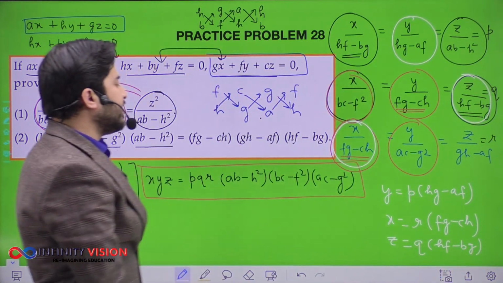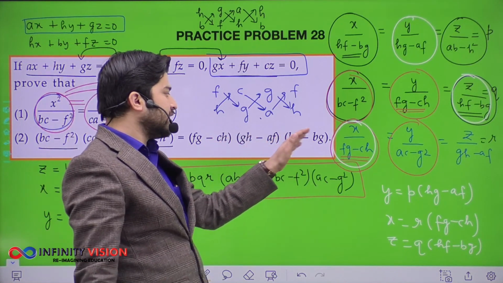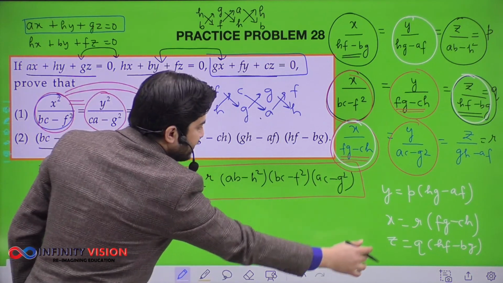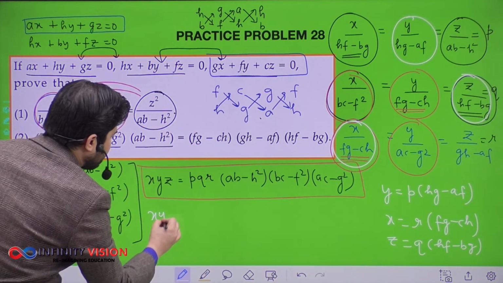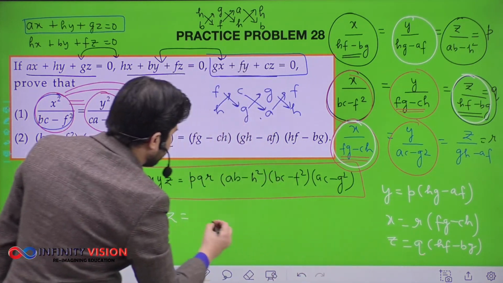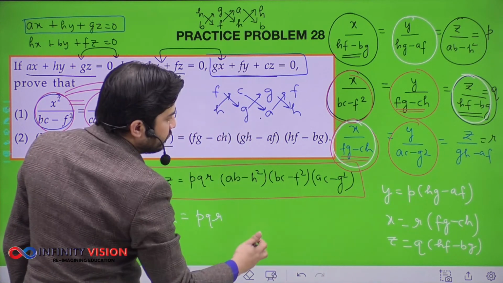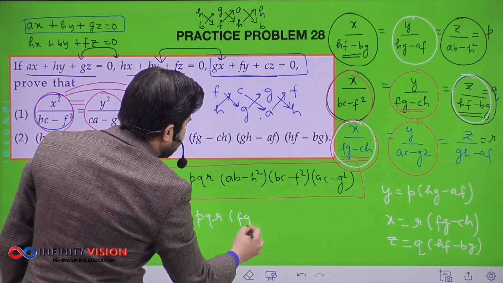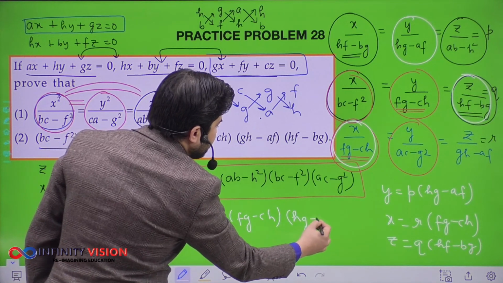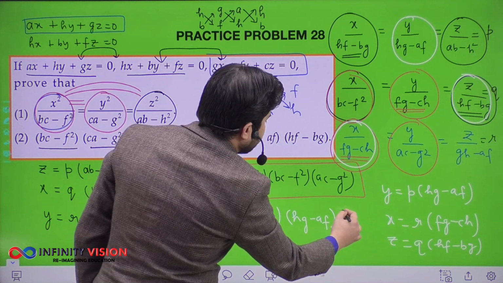So now I have created my x, y, z again in terms of fg minus ch, gh minus af, and hf minus bg. Now if I try to multiply these equations, I'll get x, y, z into p, q, r, because we have p, q, r together, and then you will have for x fg minus ch, from y you have hg minus af, and for z you have hf minus bg.